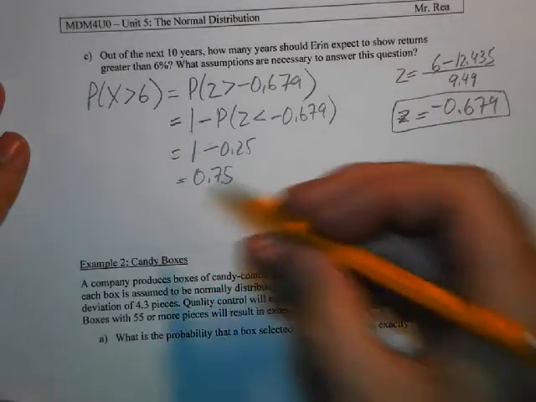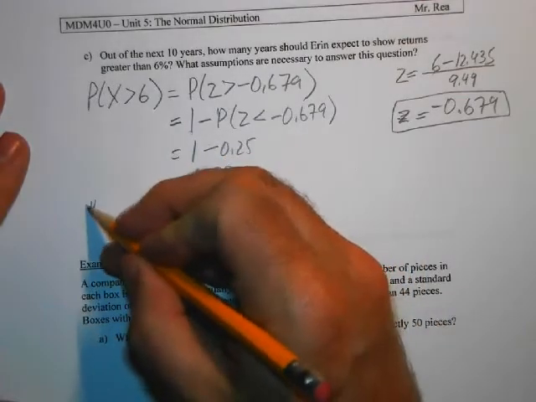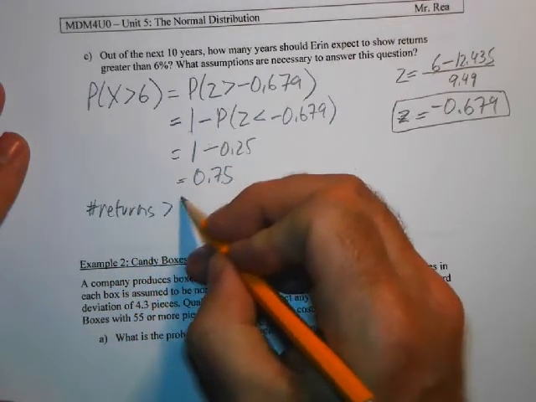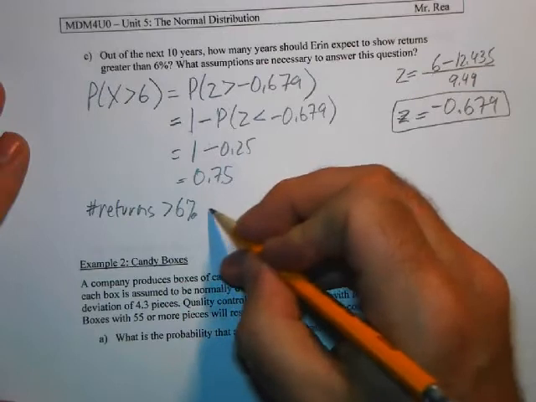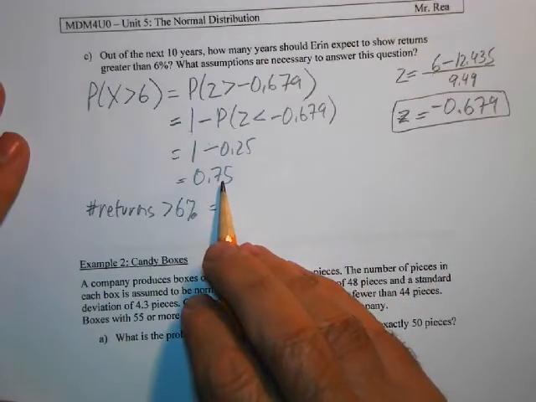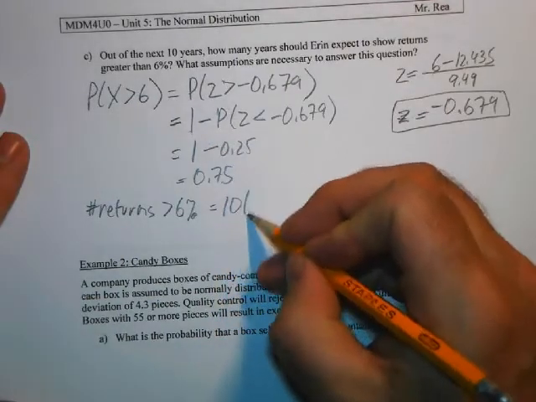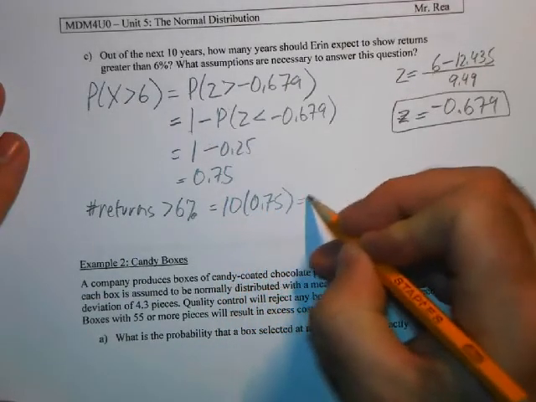So in order to calculate the number of returns that are greater than 6%, that's just equal to the probability of 1 year. In this case, we want to know 10 years, so it's going to be 10 times the probability of 1 year, which is 7.5.